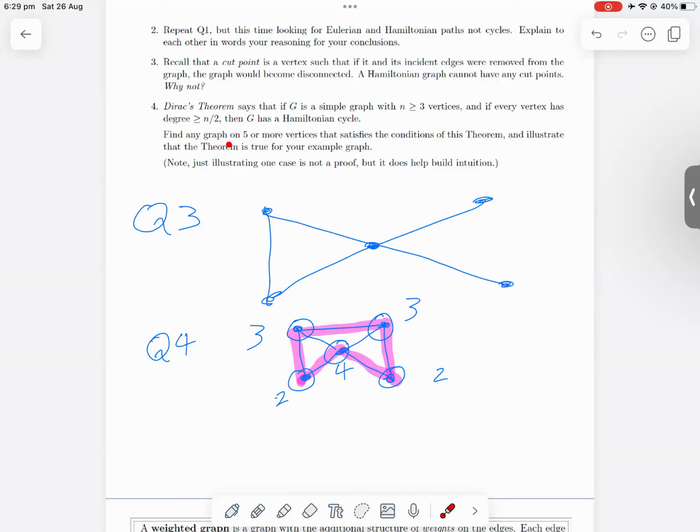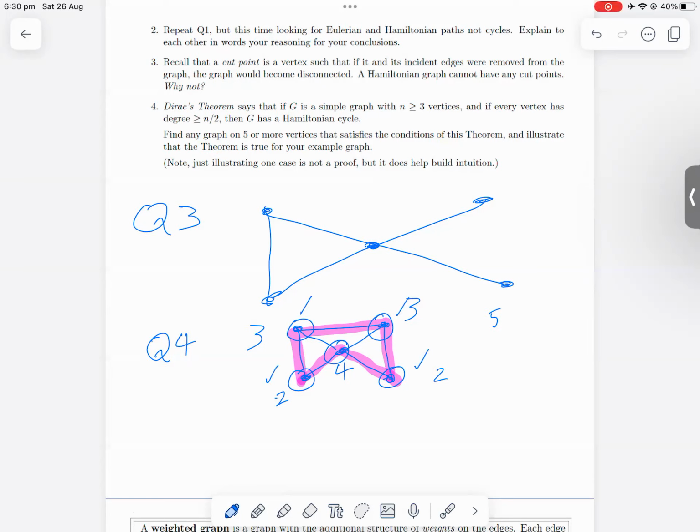So the question says find any graph on 5 or more vertices that satisfy the conditions of this theorem and illustrates that the theorem is true for your example. Okay, so this is 5, 1, 2, 3, 4, 5.